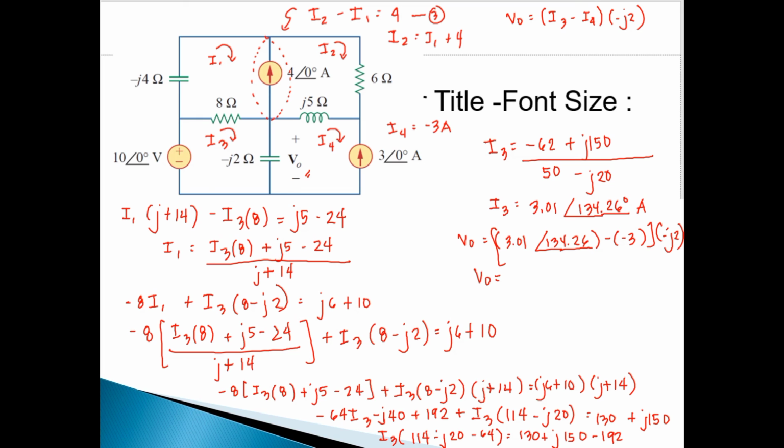So our VO will be equal to 4.67 angle negative 22.55 degrees volts.